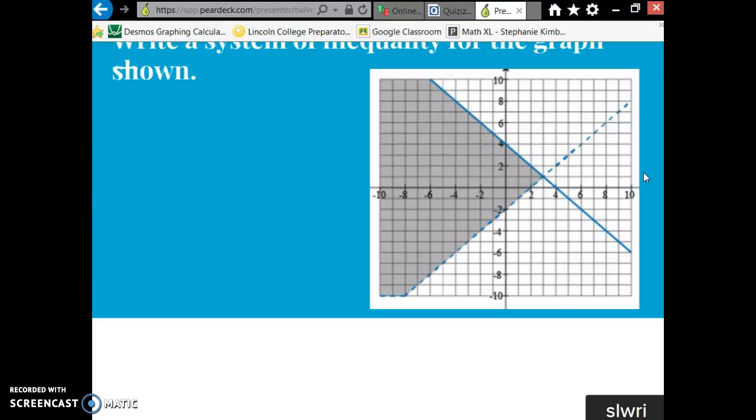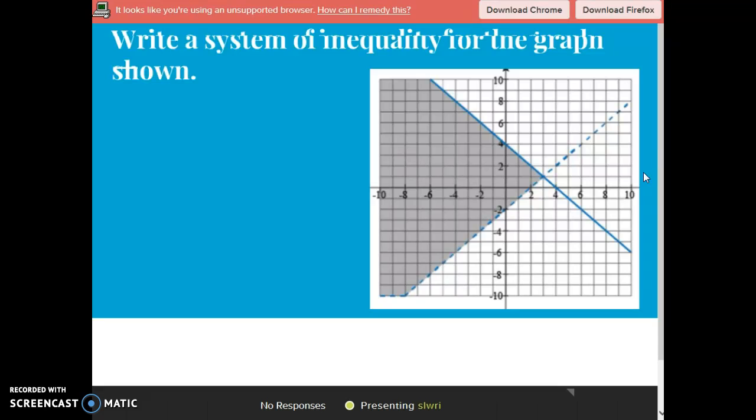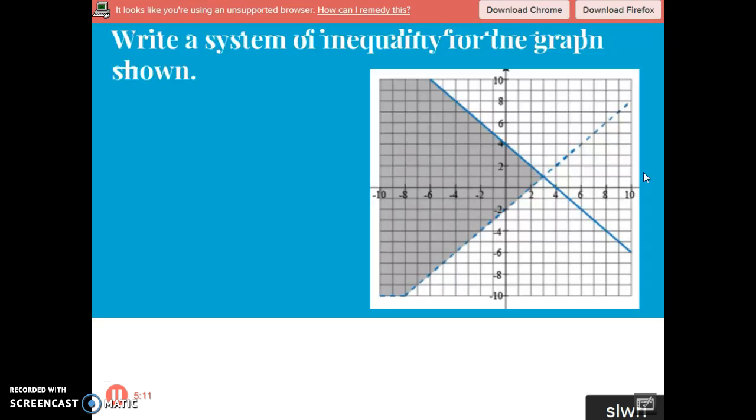Okay, we are now going to write systems of inequalities for the graph that we see here. These are a little difficult, but we're going to refresh our memory and use our information from writing linear equations. So when we're writing linear equations, we use the slope-intercept form of y equals mx plus b.